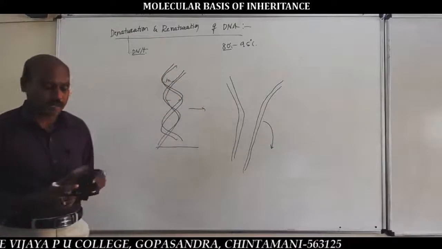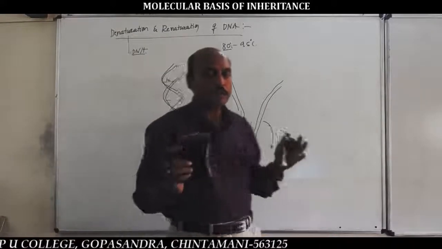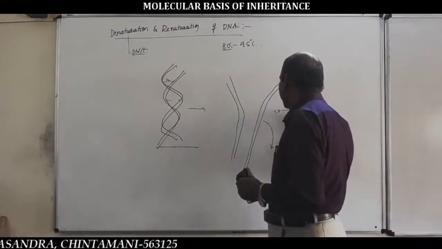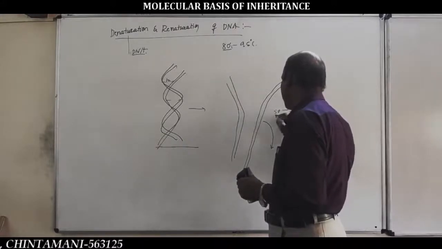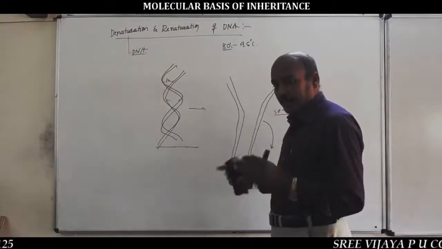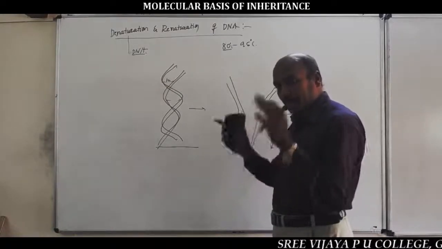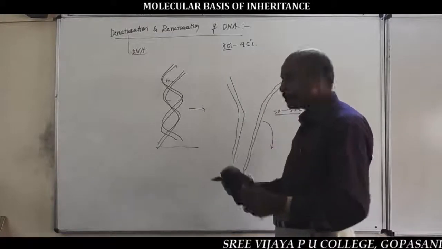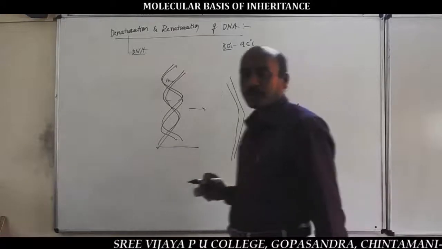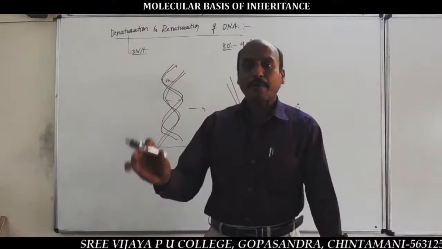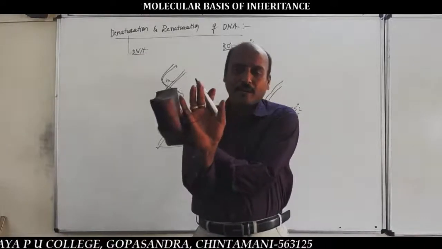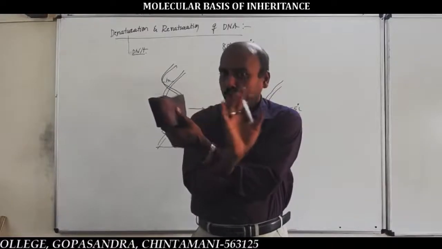Whenever the denaturated DNA, listen here, is kept in low temperature, that is 50 to 55 degrees Celsius, in average temperature, normal temperature, optimum temperature, the separated DNA strands are again reunited and come back to the original shape, original position.